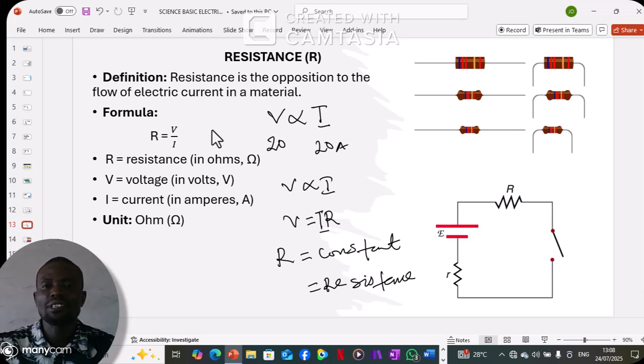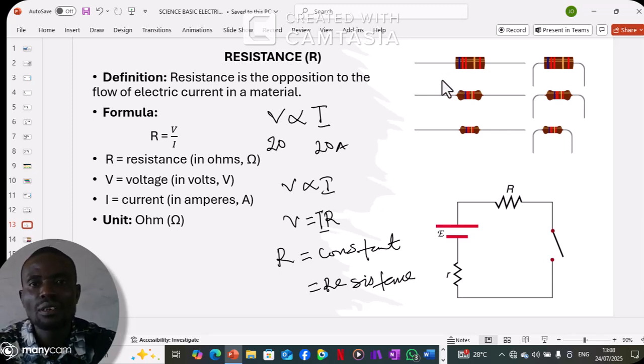Let me give you an example of a resistor. Look at this diagram. What is a resistor used for? In our homes, the electric supply in the outlets is 220 volts.